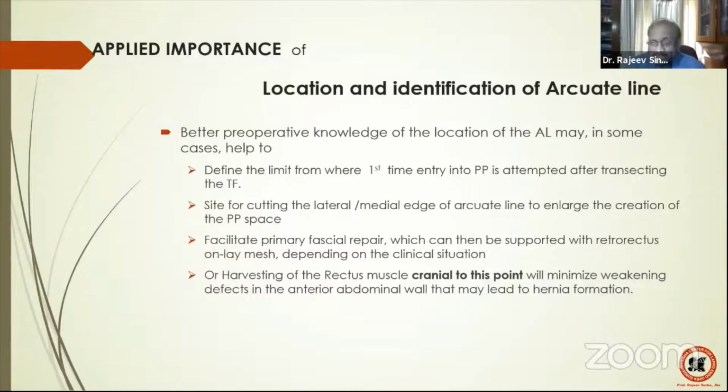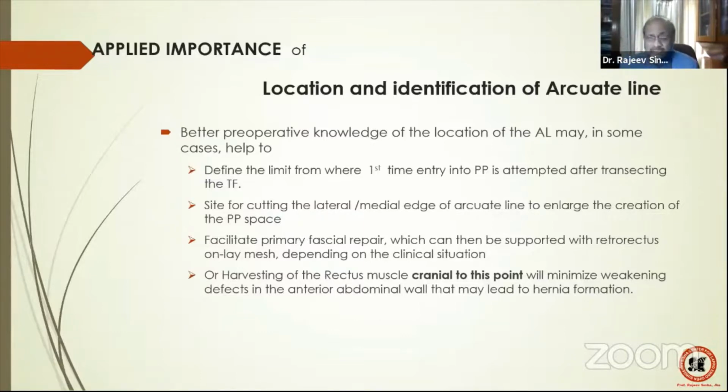The posterior rectus sheath and the arcuate line tell you how much of the retrorectus space is being supported from below by the fibrous posterior sheath. So the arcuate line defines the lower limit of that. In those patients where you want to harvest the rectus abdominis, if you have a good low arcuate line, you've got less chance of a hernia developing.